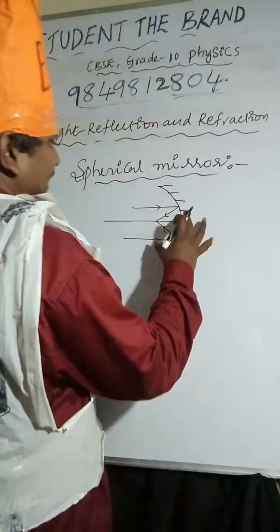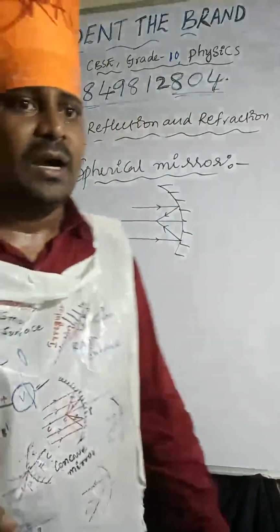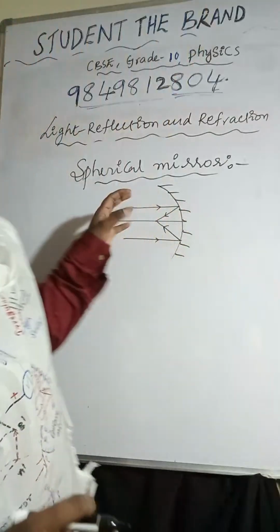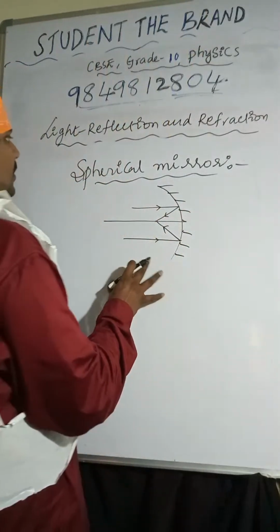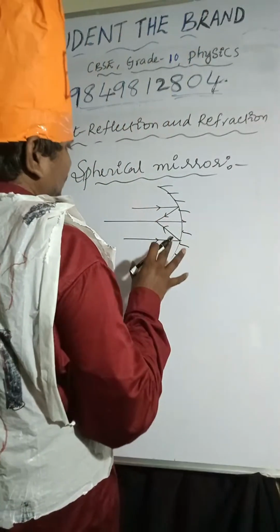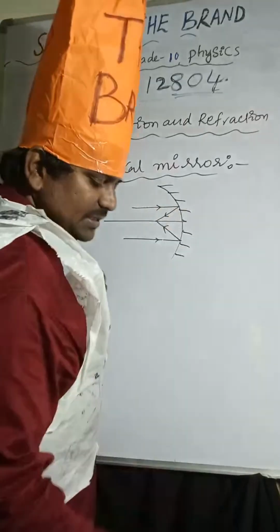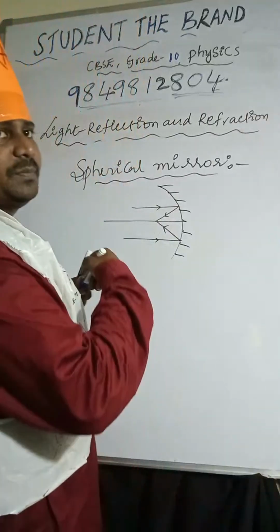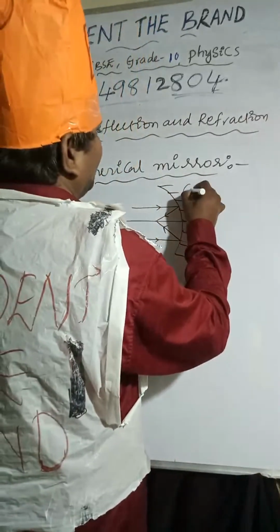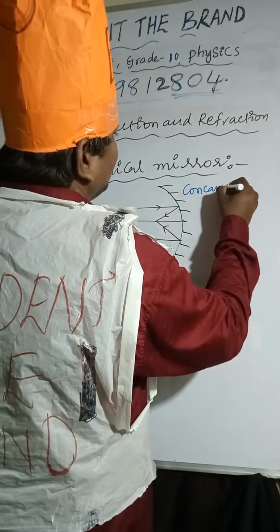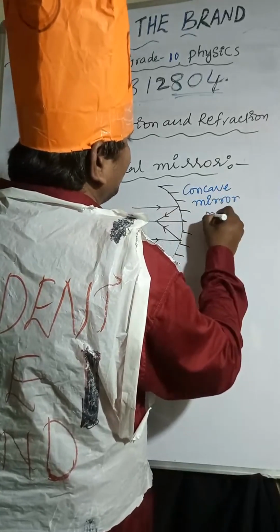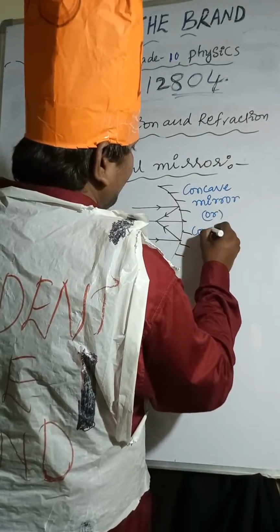After reflection light rays are coming closer, moving towards the principal axis.